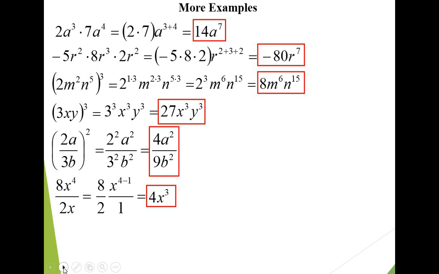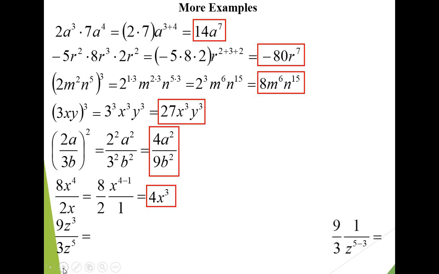Let's look at another problem. So here we have 9z to the 3rd power all divided by 3z to the 5th power. Note that the power of the z term in the numerator is smaller than the power of the z term in the denominator. So the easiest way to do this is to take 9 and divide it by 3. Then remember that I must put 1 over z to the 5 minus 3.